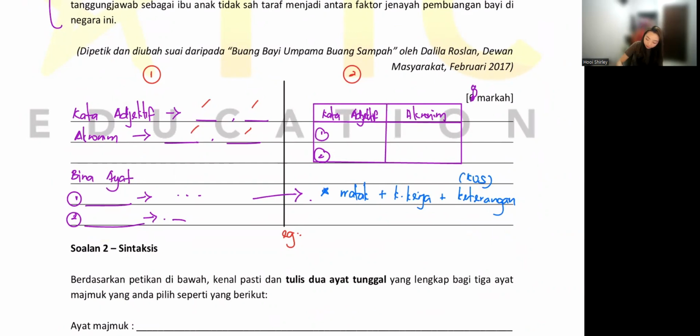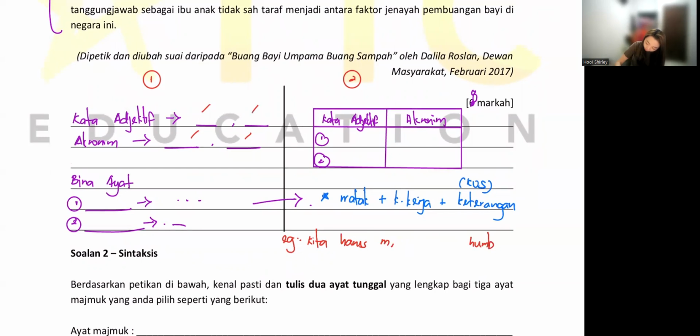Watak. Then I just say kita. Harus. What do we need to do? Mengamalkan. This is kata kerja. Hubungan yang erat. Not mengamalkan. I should say mengekalkan. Mengamalkan is to practice. Mengekalkan is to maintain. Kita harus mengekalkan hubungan yang erat dalam masyarakat.